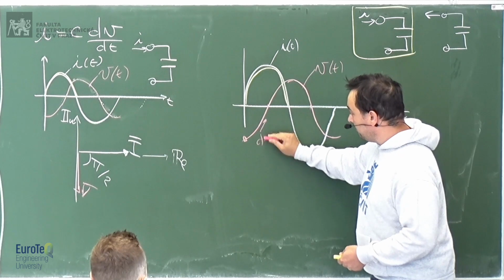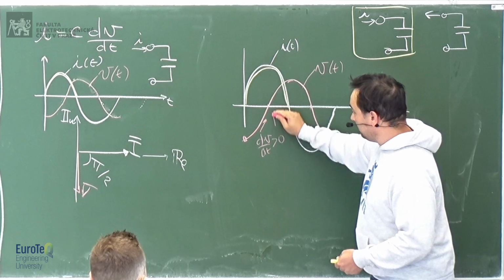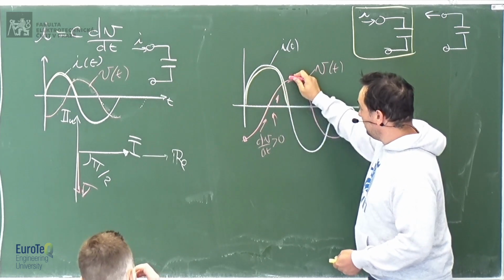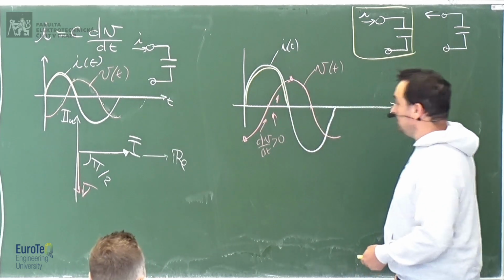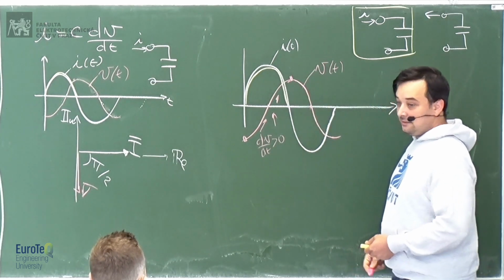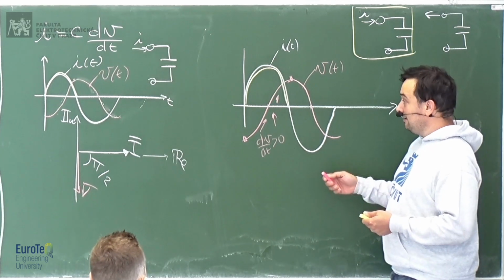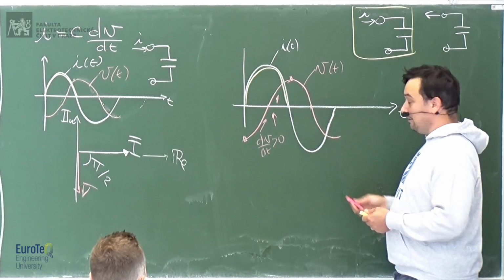The derivative of the voltage is positive, which means that it goes up, until here, when the current becomes negative. And the moment the current becomes negative, the voltage goes down.